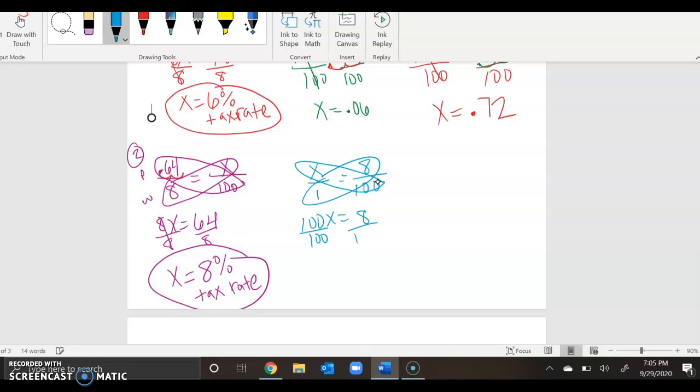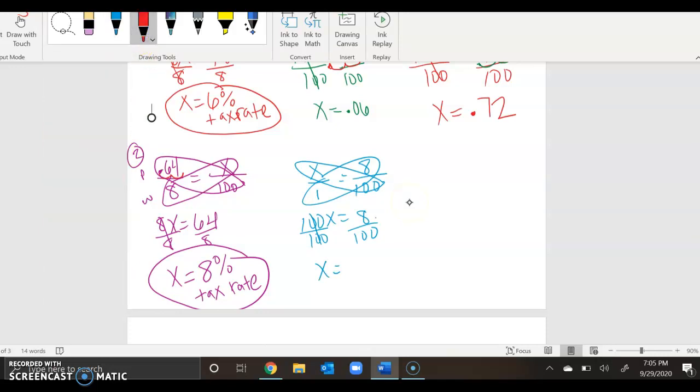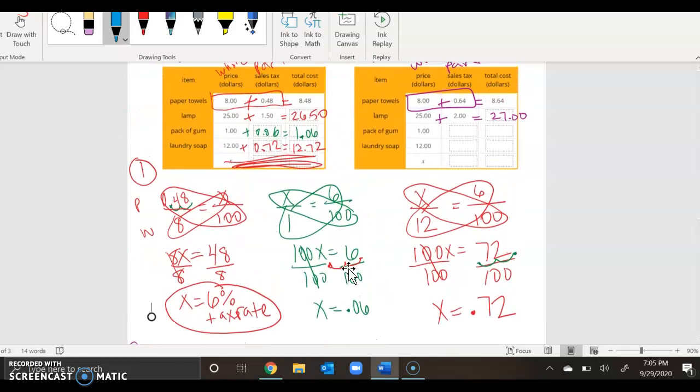Divide both sides by 100. And when we divide by 100, that decimal is going to go back to the left. And I will fill in the empty spot with a 0. So our sales tax for the pack of gum is going to be 8 cents. So $1 plus 8 cents is $1.08.